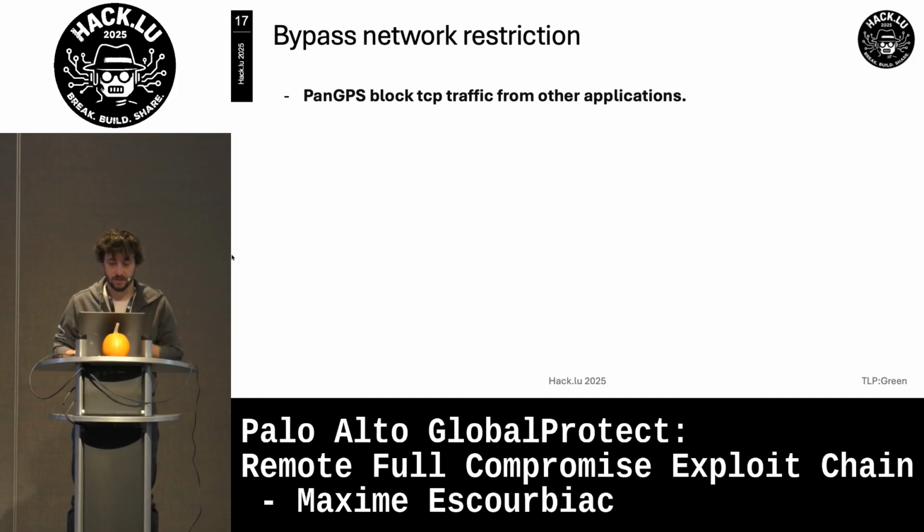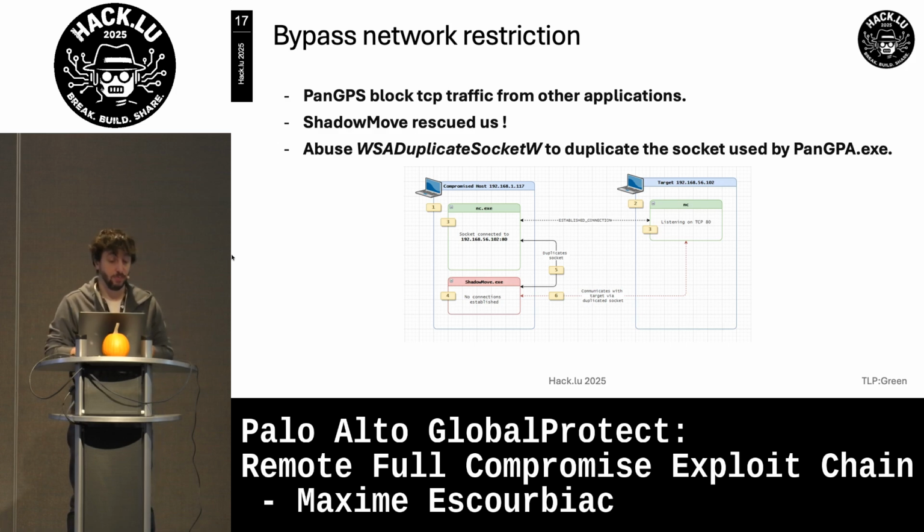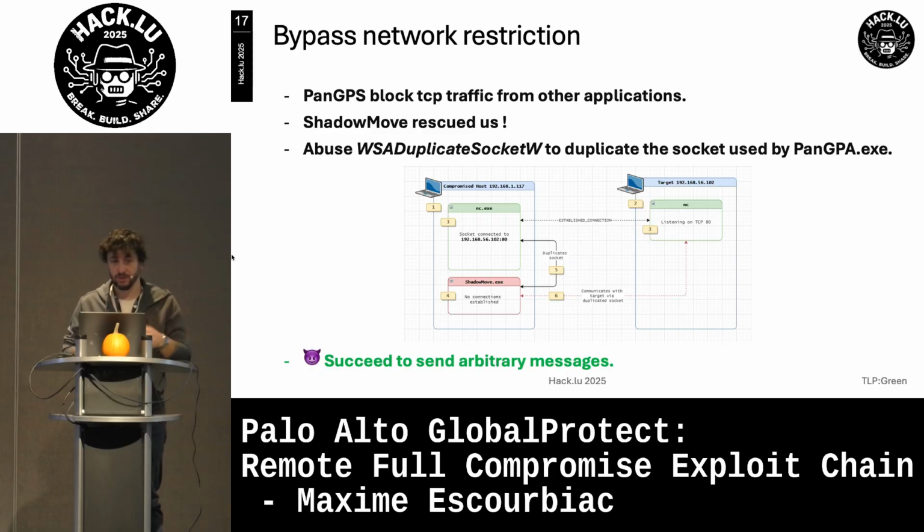So ShadowMove saves us. ShadowMove abuses the WSADuplicateSocketW routine to duplicate a socket, and as the scheme works, a separate binary can use that socket to communicate directly with PanGPS. So with the second version of the exploit, we succeeded in sending arbitrary messages.